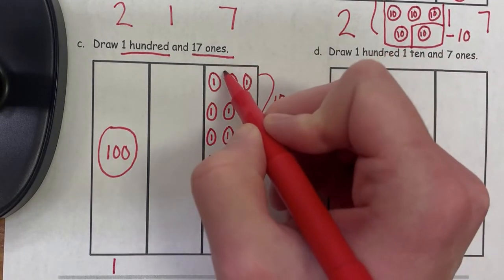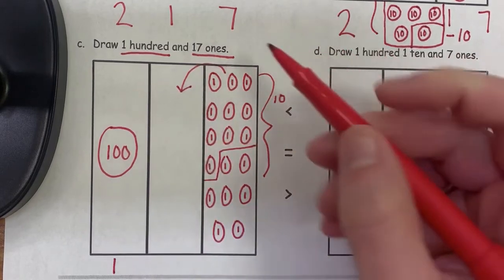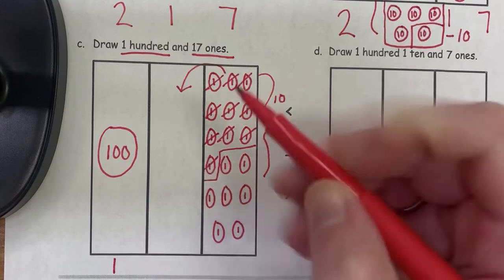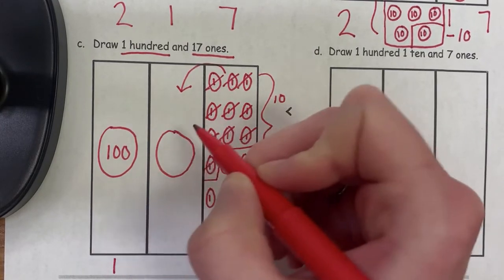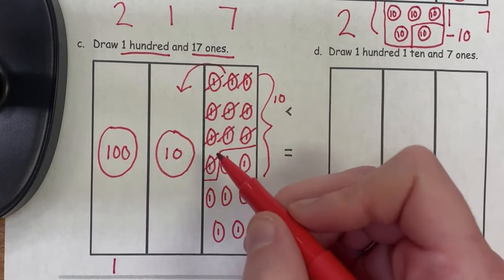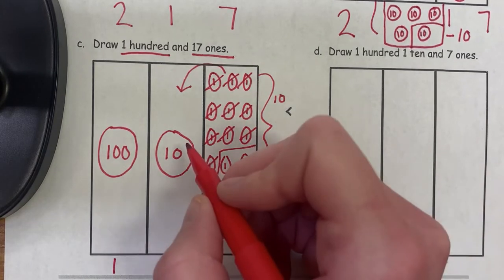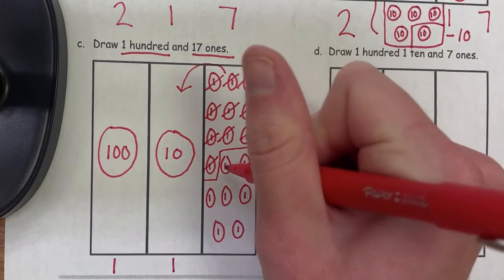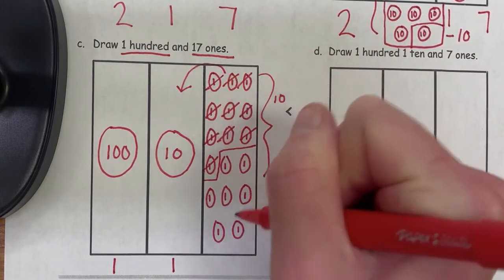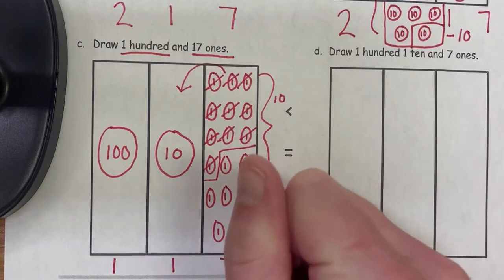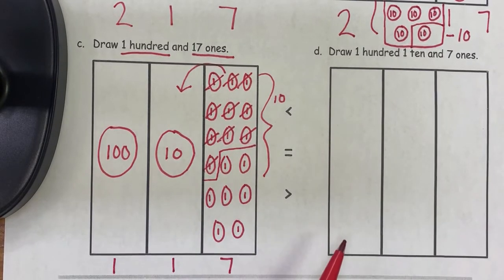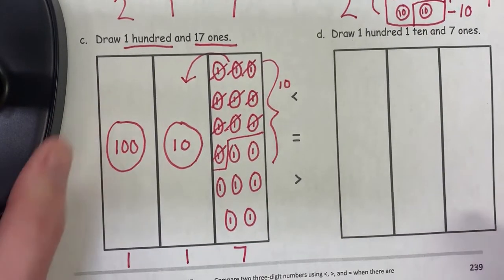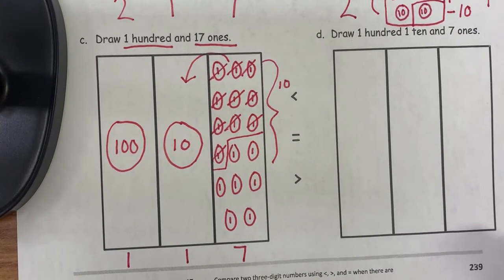So we know we can move this over, get rid of these, and we can make one box with 10. So then for our tens place, we would have 1, and then we are left with 1, 2, 3, 4, 5, 6, 7. So we have 117.